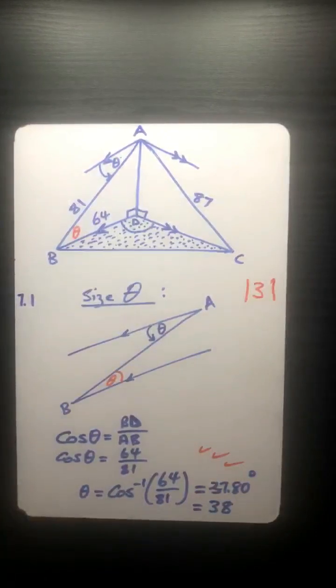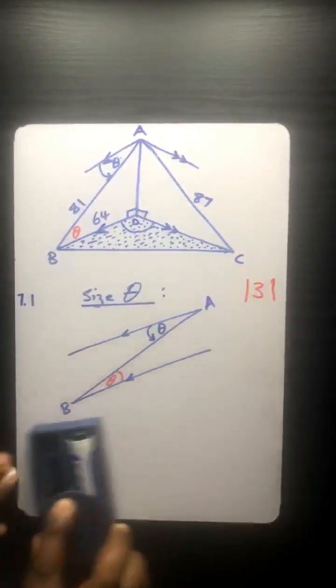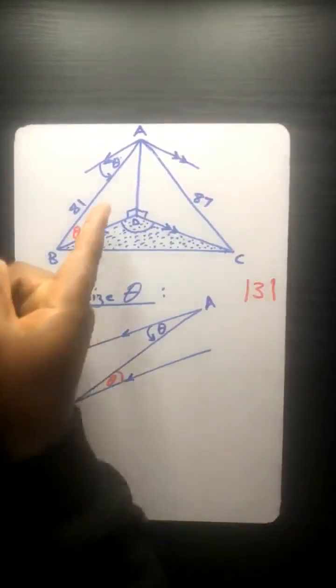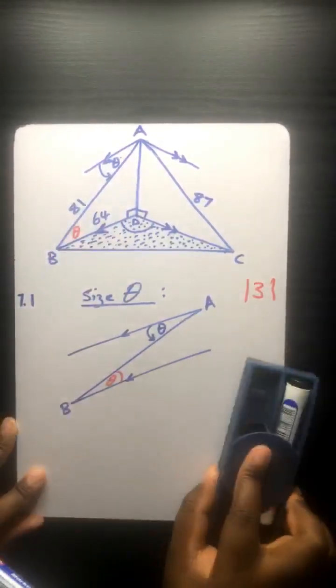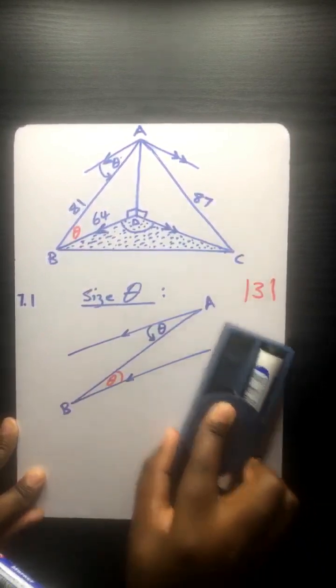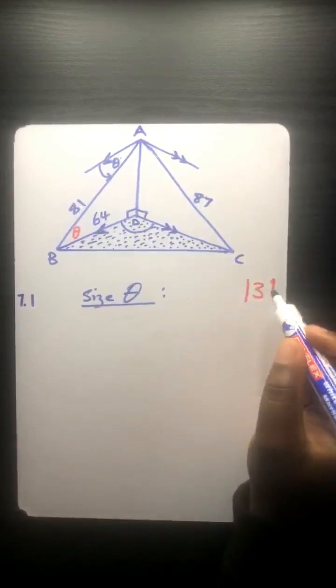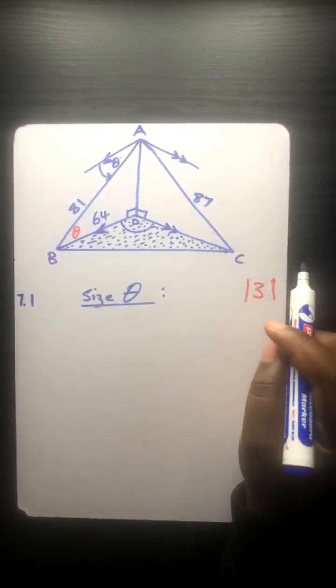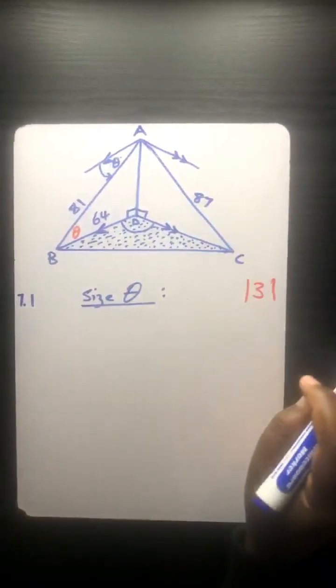But I want you to be aware of something. Let's quickly check something. Remember, it is a right-angled triangle, and we used a trig ratio, of course. Let's check what happens when we use the sine rule, because I said the sine rule is applicable to any triangle.